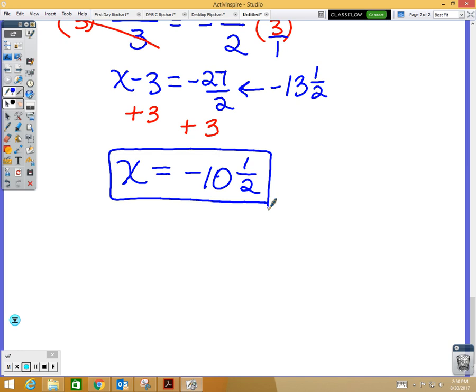If you're someone that kind of struggled with that, you always have this option. Let's see, plus 3 over 1 would be 6 over 2. Okay. Negative 27 plus 6 is negative 21. Negative 21 over 2 is negative 10 and a half. I know that we went pretty quick on that. All right.